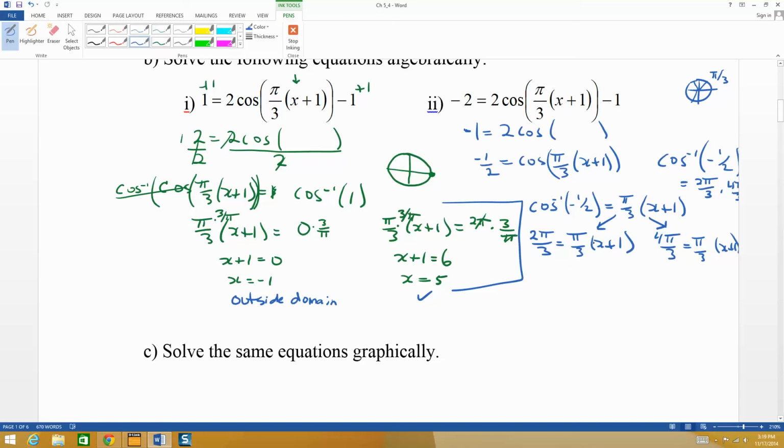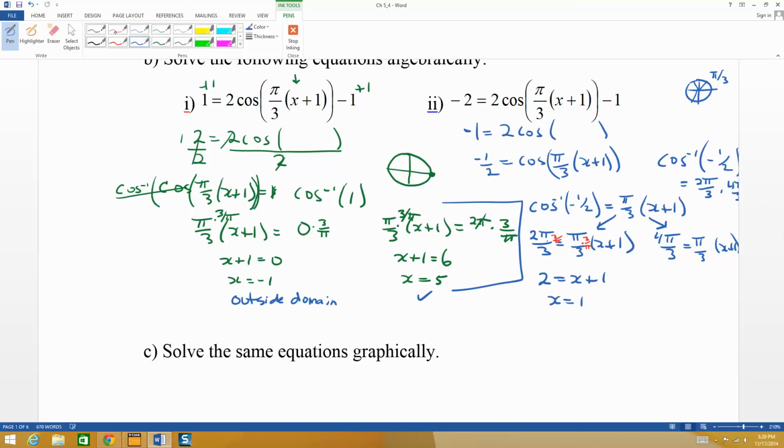So now I need to get rid of everything to get at x. So at this point again, I will multiply both sides times 3 over pi, and multiply this times 3 over pi. So when I multiplied that one out here, my pi's cancel each other out, and my 3's cancel each other out, so I actually get 2 is equal to x plus 1. I may as well finish this, so x is equal to 1.